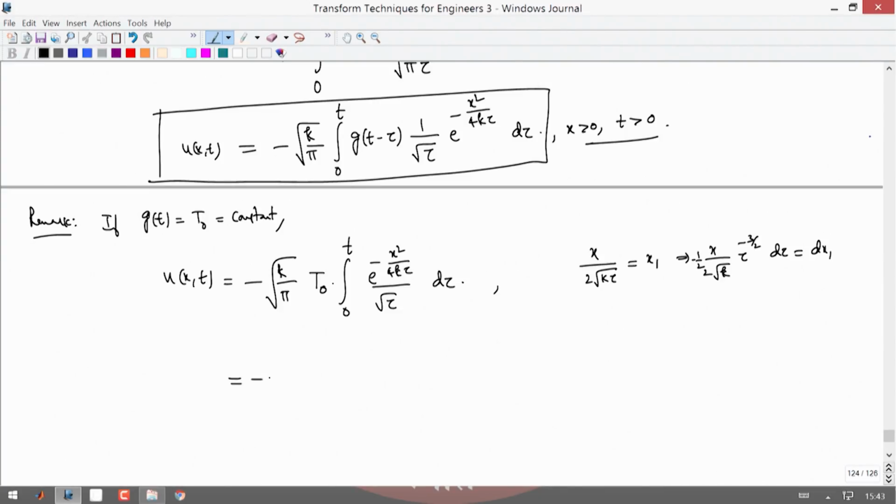If you use that, minus root k by pi times t naught, at 0 it is going to be infinity, and the upper limit t becomes x by 2 root k t, and this becomes e power minus x1 square.